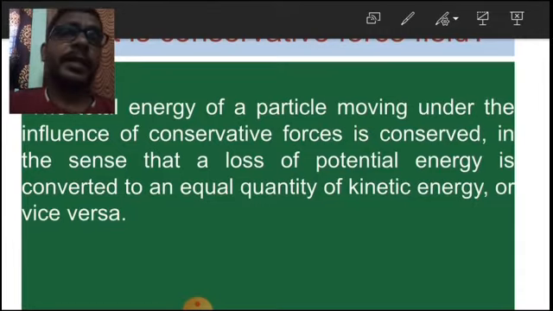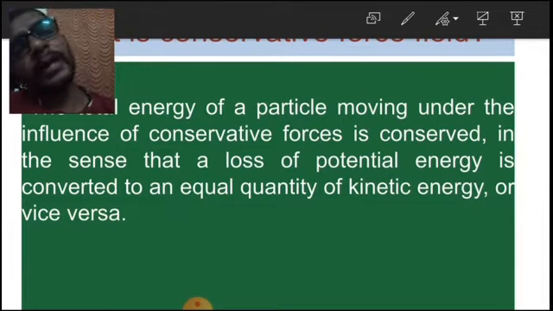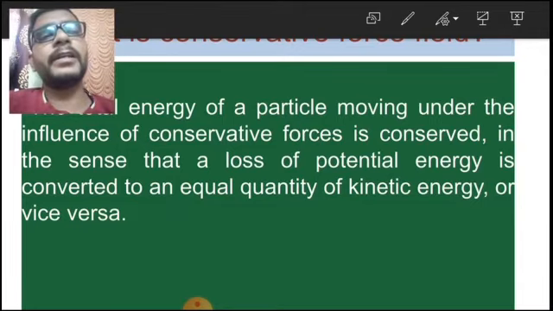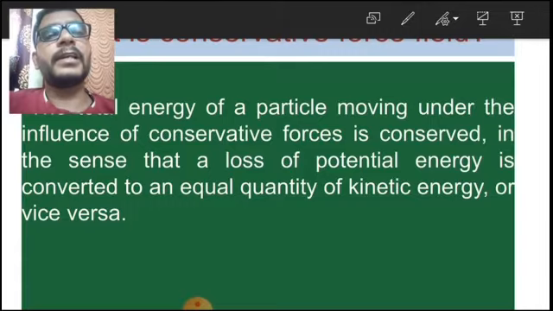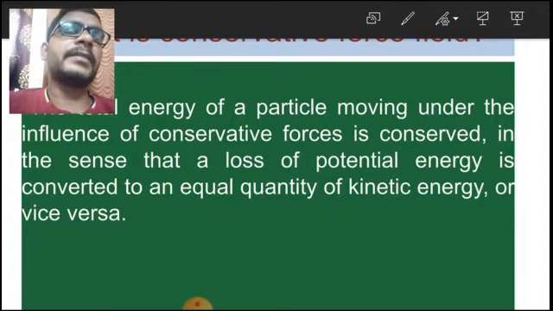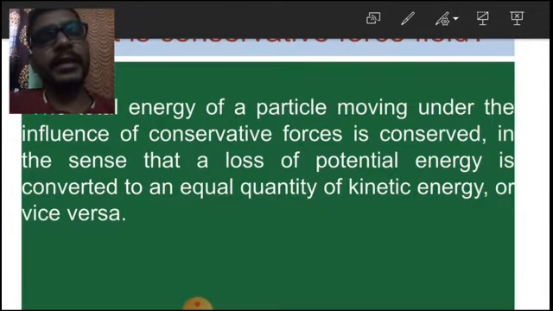See, we know that energy is converted from potential energy to kinetic energy, and kinetic energy to potential energy, depending upon the situation, right? Already told you, when the aeroplane is in the sky, it has potential energy as well as kinetic energy. But when the aeroplane is on the runway, when it is running before takeoff, when it is on the land, it has kinetic energy, there is no potential energy.